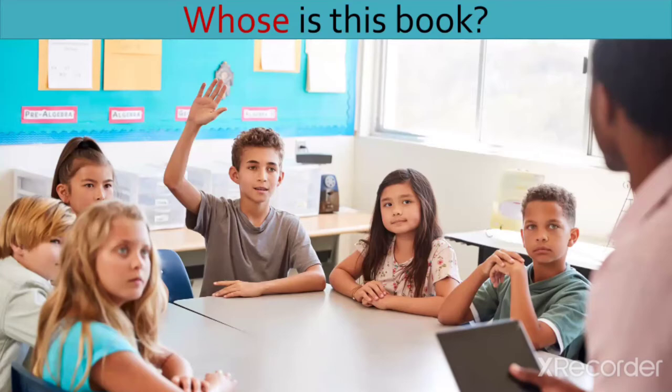The difference which I'm again and again repeating between the adjectives and the pronouns is that anything which is followed by a noun will make it an adjective and not a pronoun. So whose is this book is an interrogative pronoun, whereas whose book is this will make it an interrogative adjective.